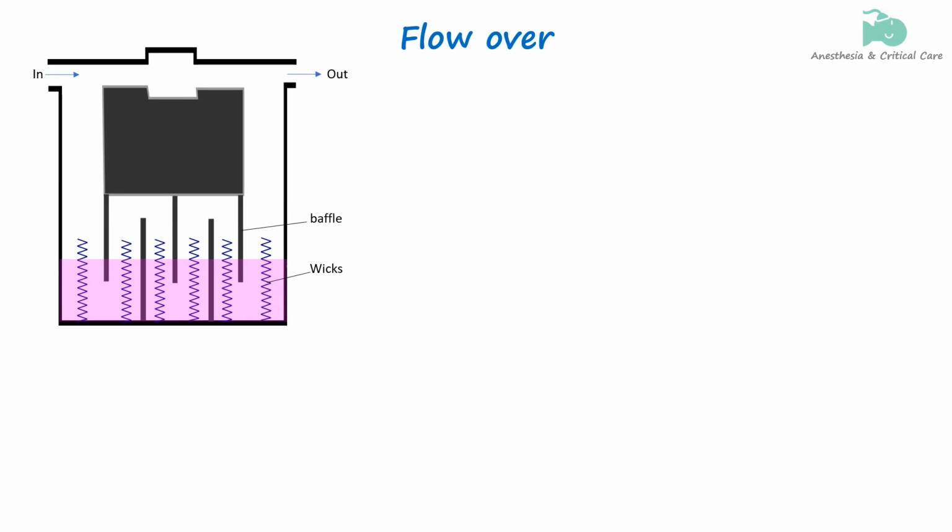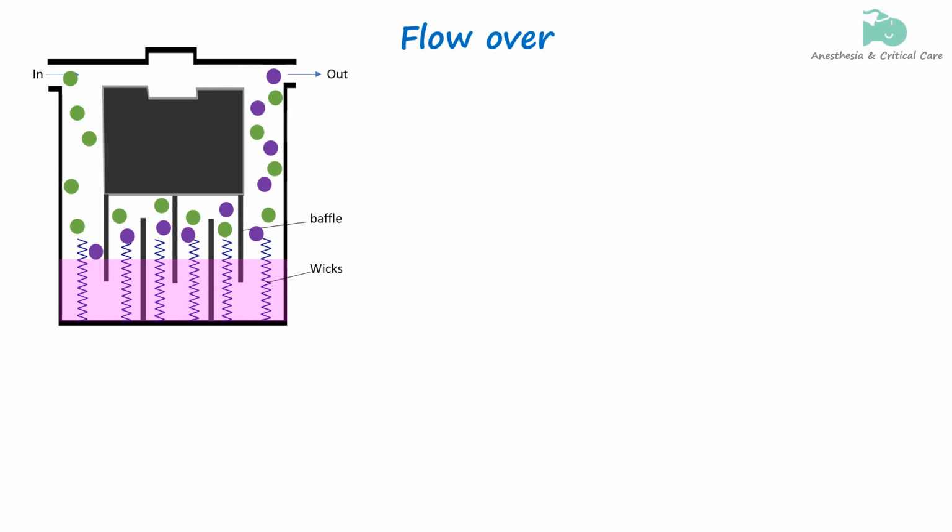A flow-over vaporizer is designed to efficiently convert liquid anesthetic agents into vapor by utilizing the flow of a carrier gas, typically oxygen or nitrous oxide. The carrier gas is introduced into the vaporizer, flowing over the surface of the liquid anesthetic agent.